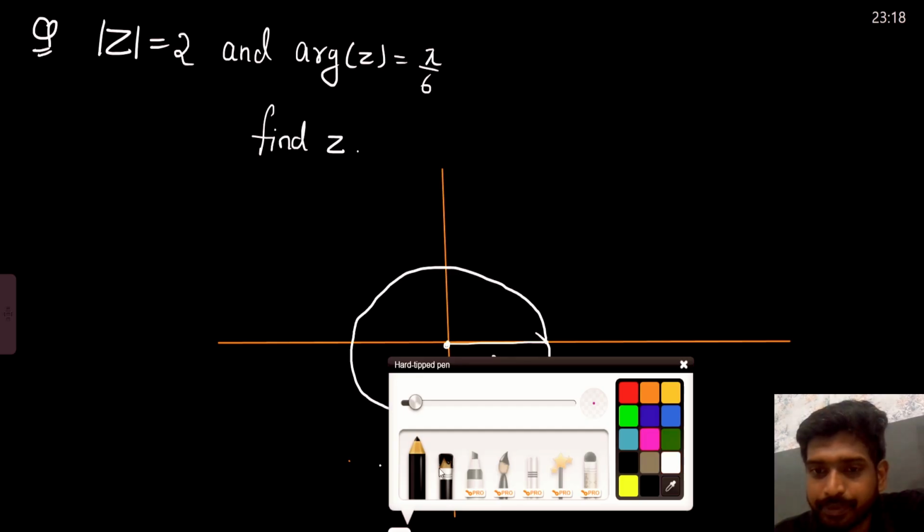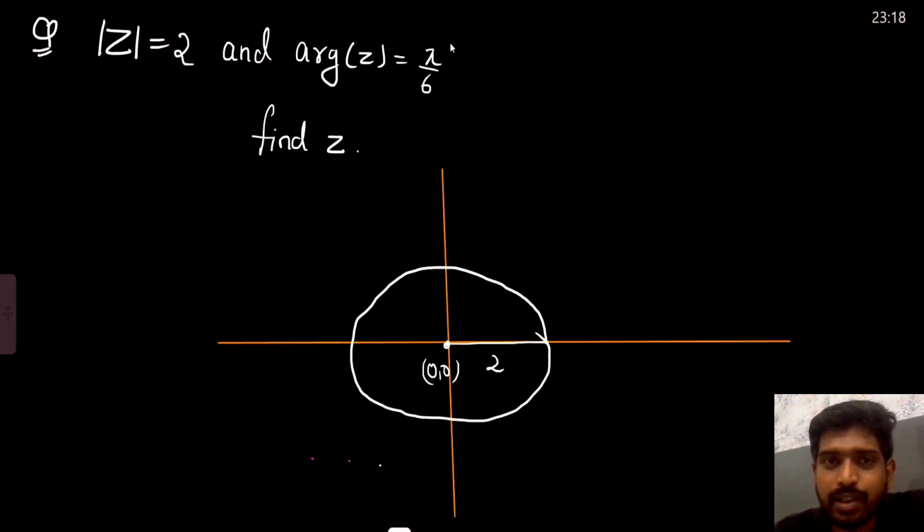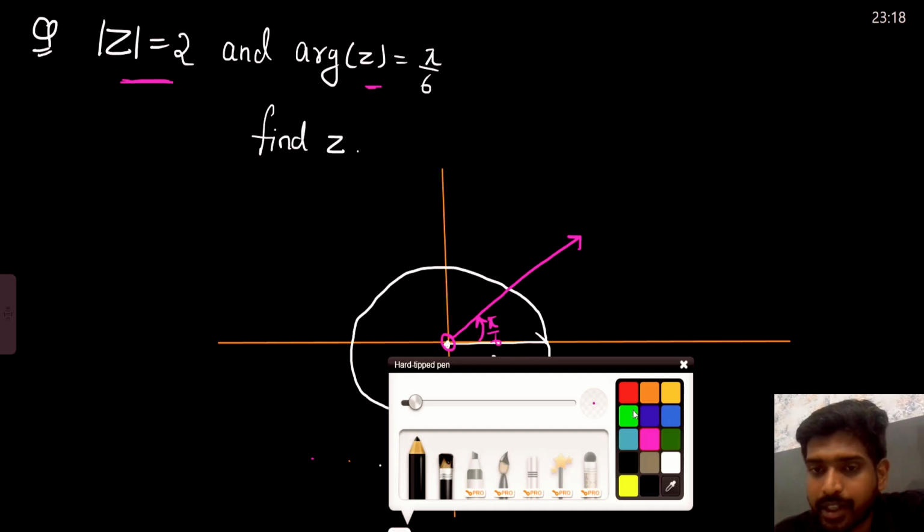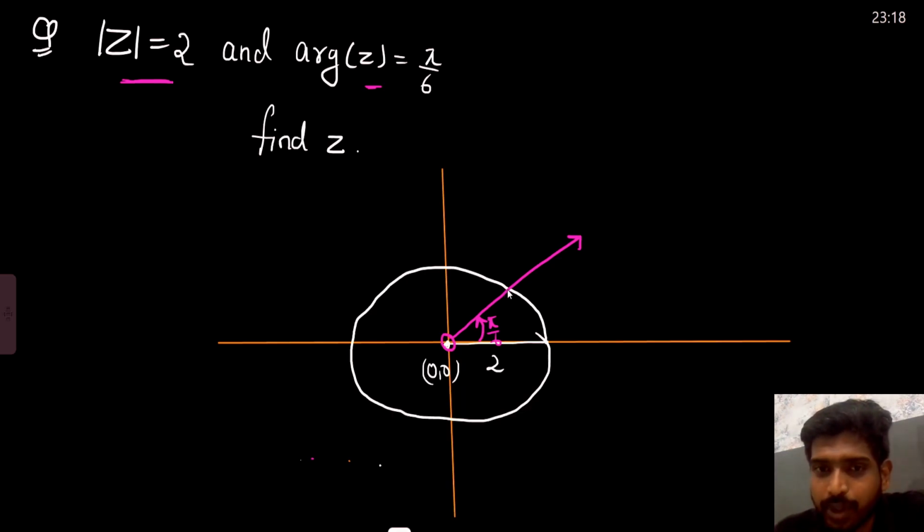Now next, argument of z equal to pi by 6 represents a ray with argument pi by 6. Now what is the intersection point of both? This white circle represents this condition, this pink line represents this condition. Now we check how many intersection points there are. There is one intersection, so this is my required complex number z.